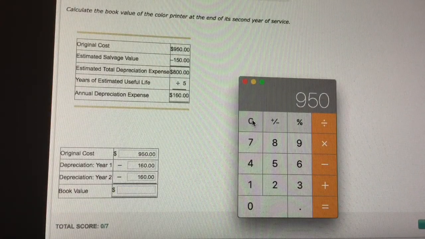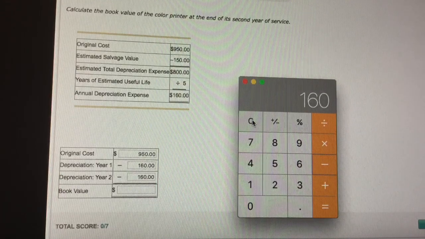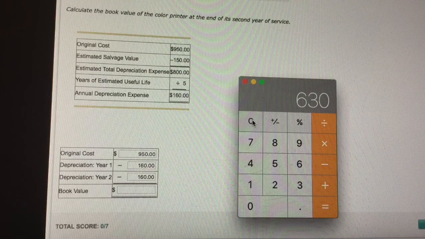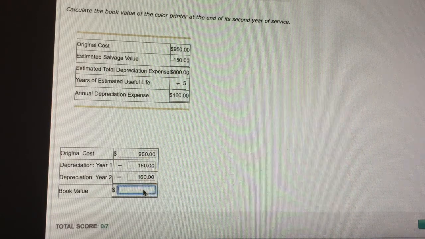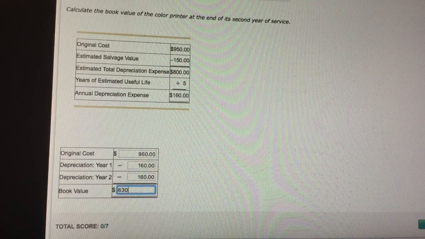So 950 minus year 1, 160, minus year 2, 160. Our book value is going to end up being $630. So after year 2, this color printer went from $950 to $630.